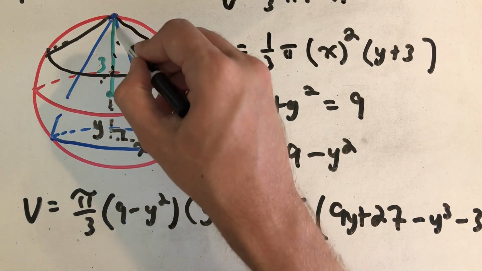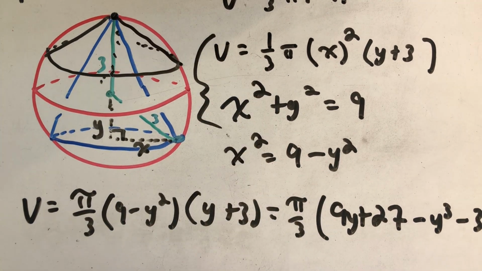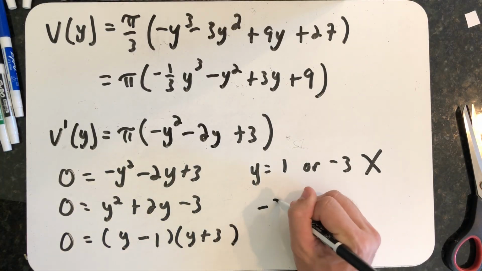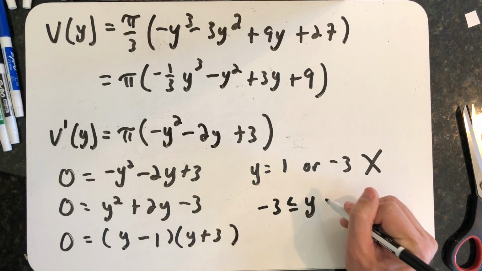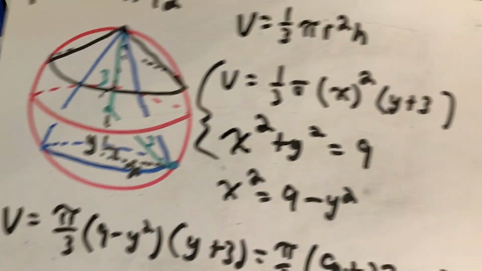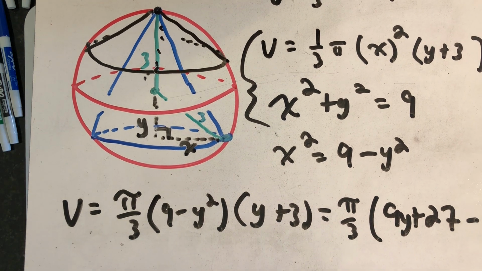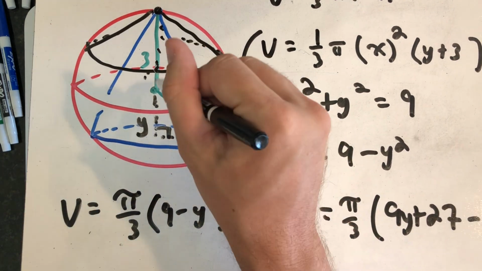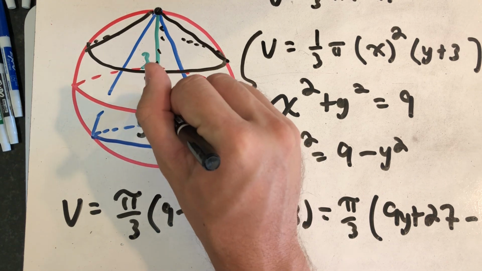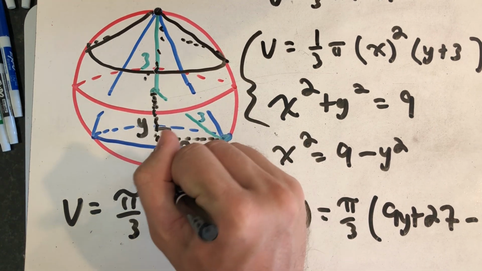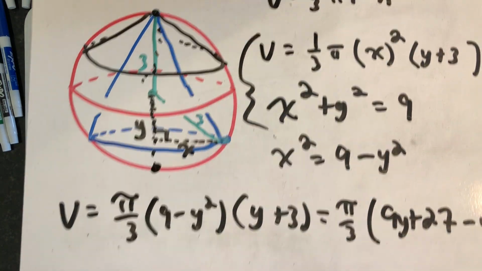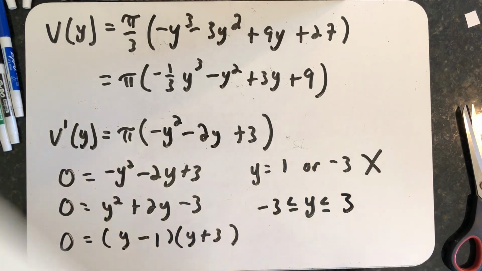But minus 3 puts me all the way back up at the North Pole where I just have a point. So I think minus 3 is the absolute smallest thing y could ever conceptually be, and it wouldn't even really give me a cone. All right, well, let's think about the biggest thing y could be. Well, the furthest I can go away from center down here would be to the South Pole. That would be where y is equal to 3.